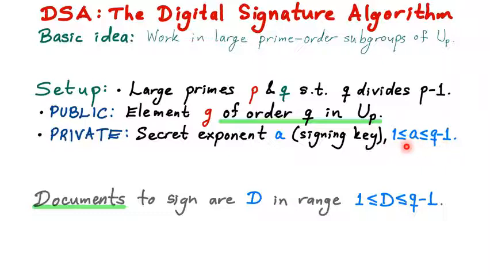So I guess we can decide that the exponent is in the range from 1 to Q minus 1. But it's really an exponent that is defined modulo Q. You should think of little a as an element of Z modulo Q. And the documents to sign are going to be integers in the range also from 1 to Q minus 1. And they're also going to be exponents. So we're going to use them as exponents.